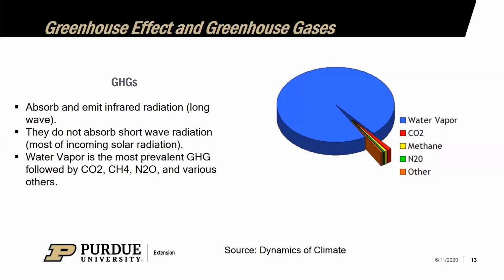Nitrous oxide also gets released into the atmosphere from combustion processes. Fossil fuel combustion, as I had mentioned, nitric acid production, and biomass burning are all different emission sources for nitrous oxide into the atmosphere.